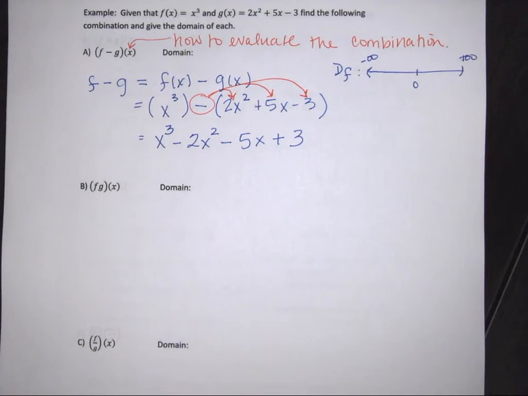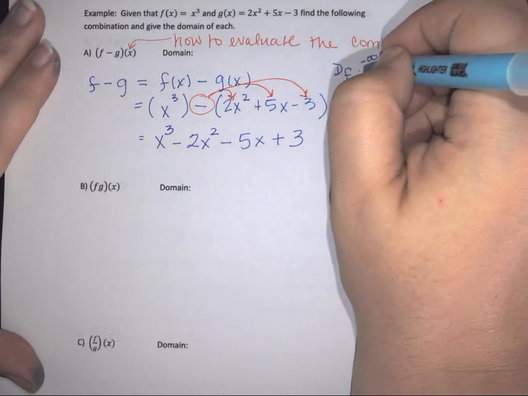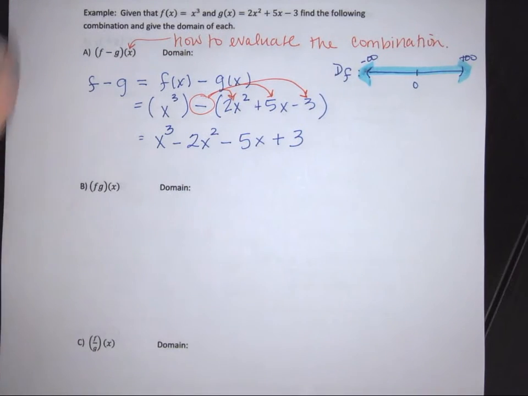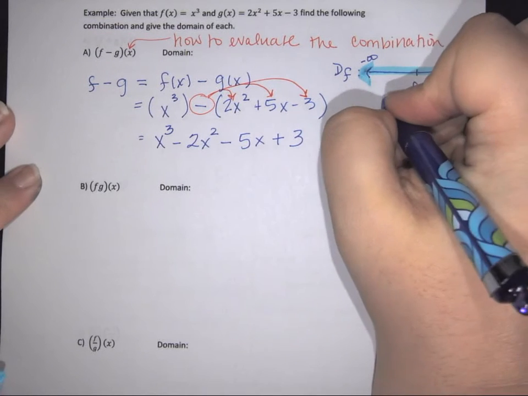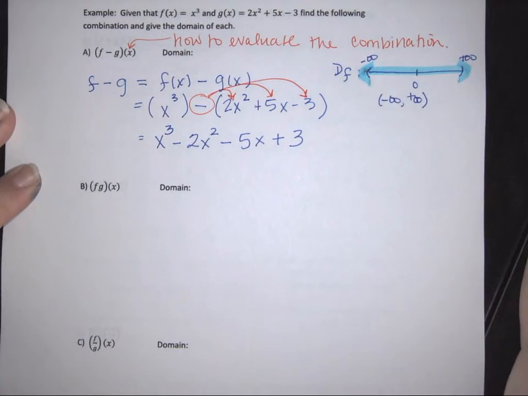Well, we know that x cubed is going to have no issues at any point in its equation. And because it has no issues, that means its domain is going to travel along the whole number line and be all real numbers. So its domain here is going to go from negative infinity to positive infinity.